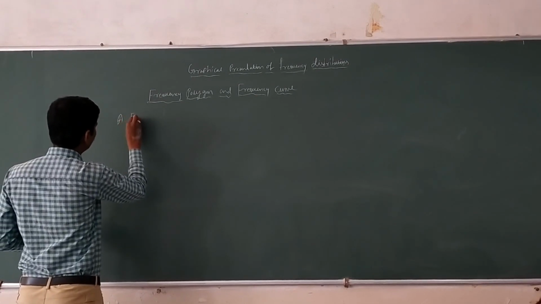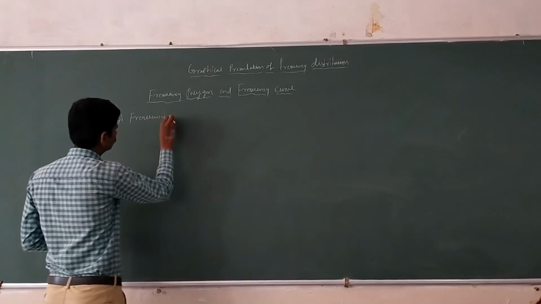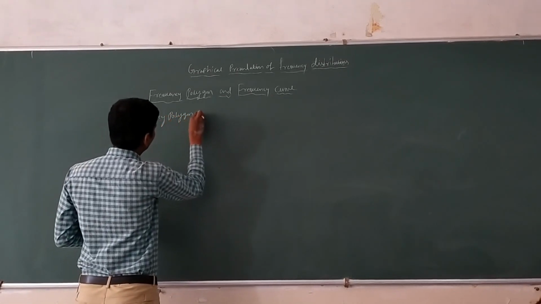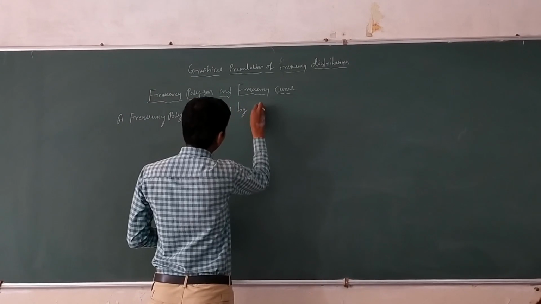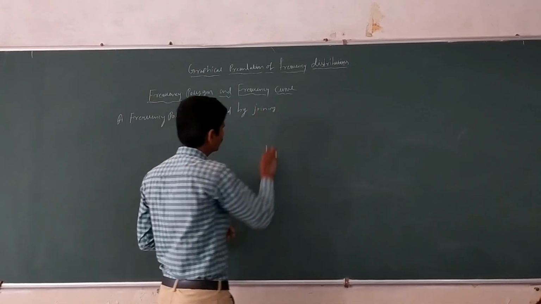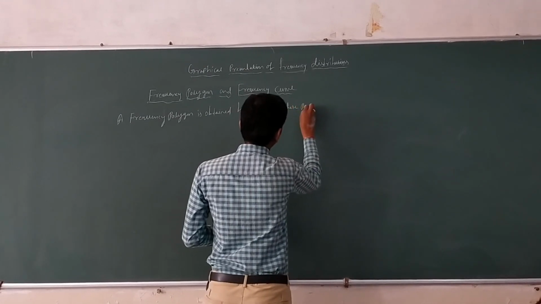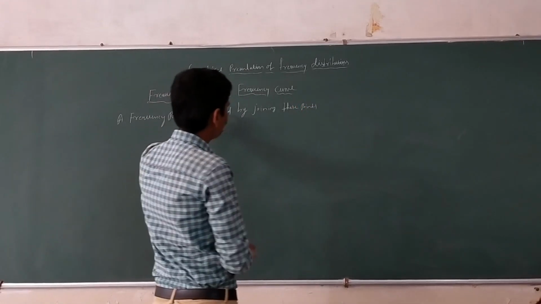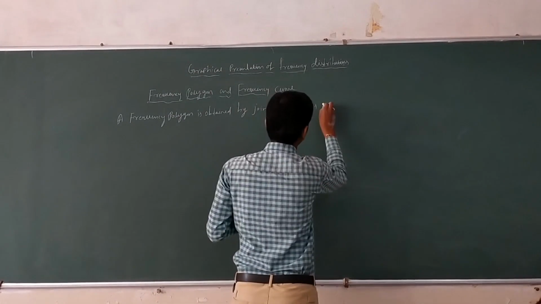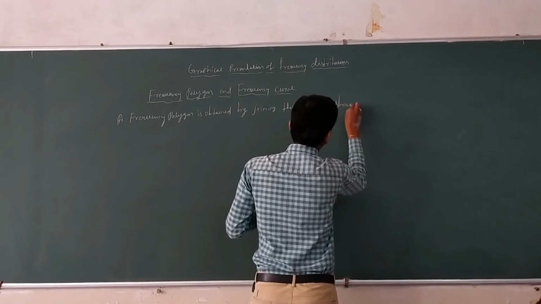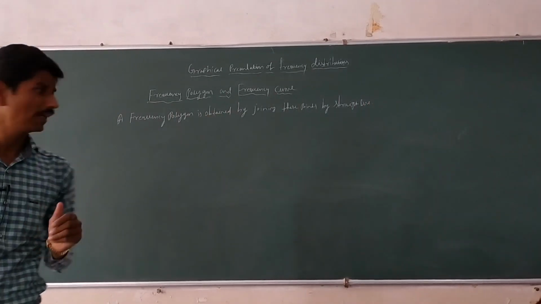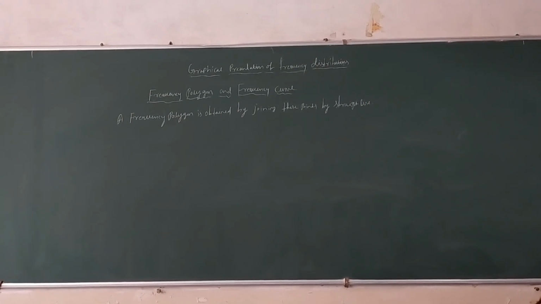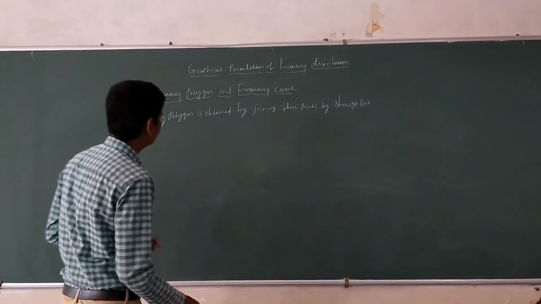A frequency polygon is obtained by joining these points by straight lines.